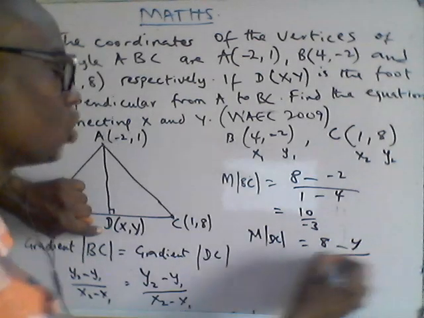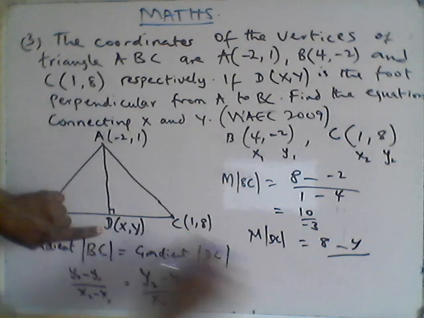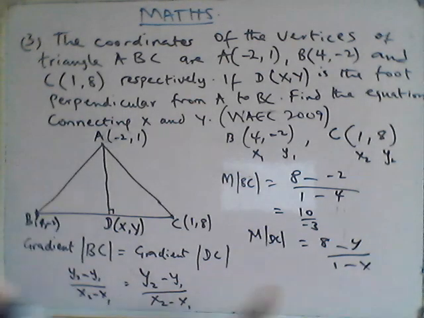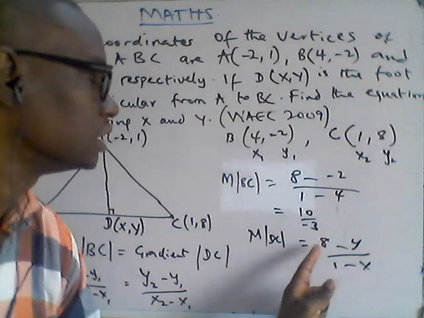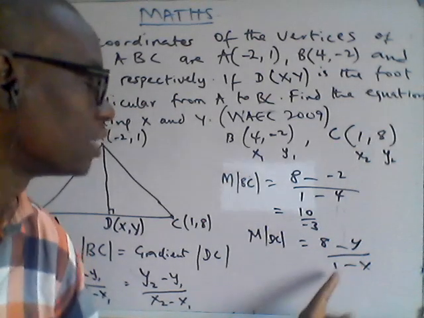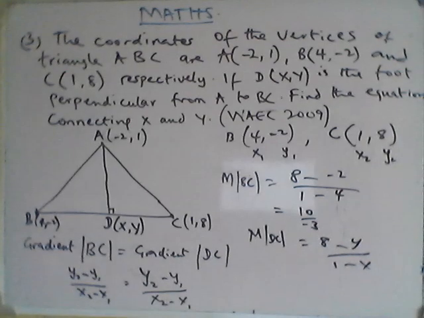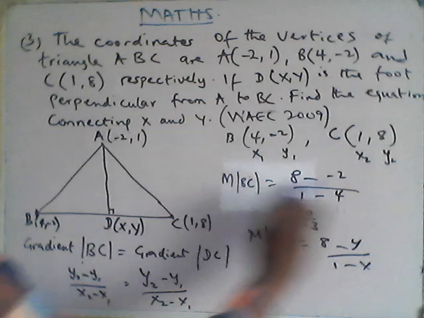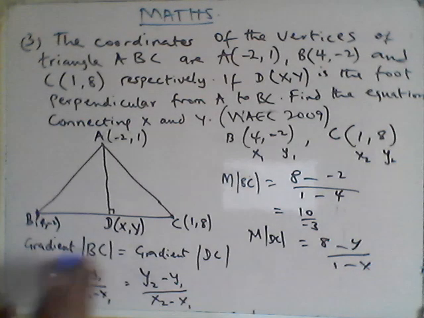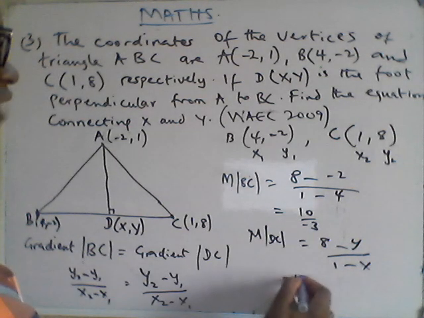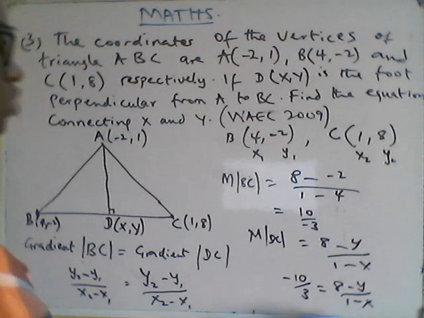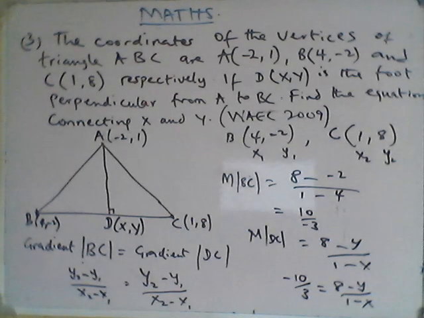So I just put Y there, all over X2, which is 1, minus X1, which is X. So it is 8 minus Y over 1 minus X. I will equate this and this together, because the gradient of BC, which is this one, is equal to this one. So minus 10 over 3 is equal to 8 minus Y over 1 minus X. I'm going to solve this to get the answer. Just hold up, let me clean this up.